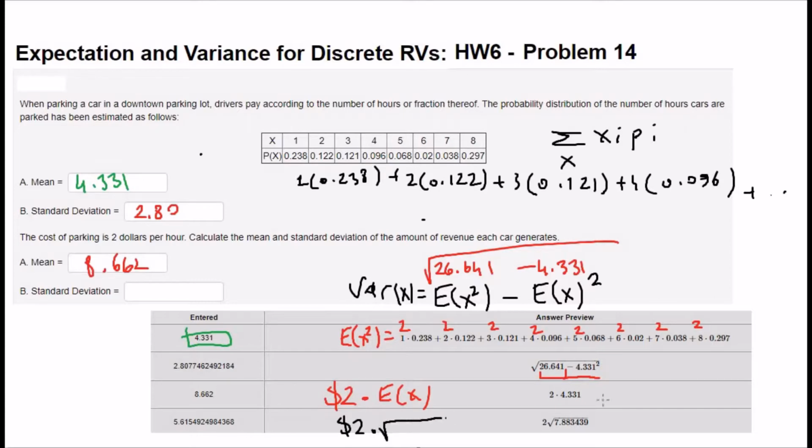And the standard deviation is this number minus that number. So it is this. So you can plug in either in this form or in that form.